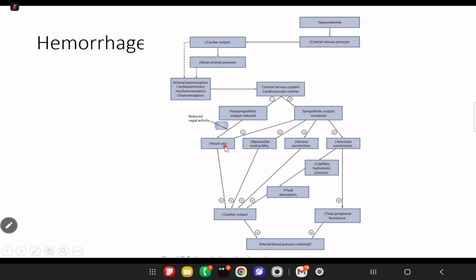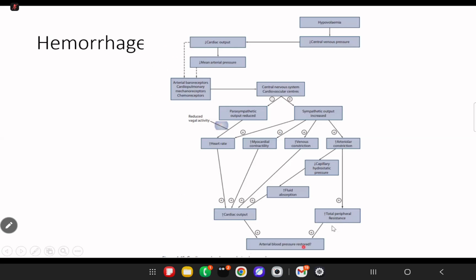So increasing heart rate will increase cardiac output, increased myocardial contractility will increase cardiac output, venous constriction will increase cardiac output, and arterial constriction will do two things. It will increase total peripheral resistance, and with cardiac output will increase the blood pressure. In addition, arterial constriction will reduce capillary hydrostatic pressure and increase reabsorption, which will increase cardiac output.